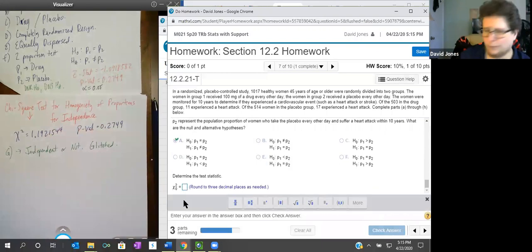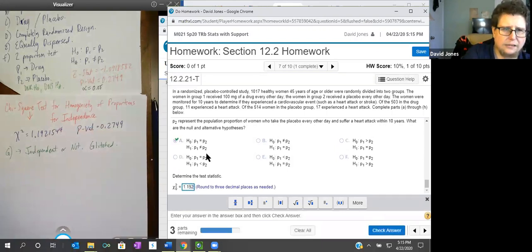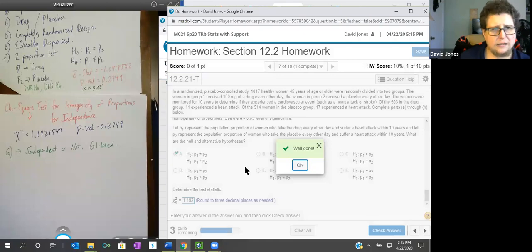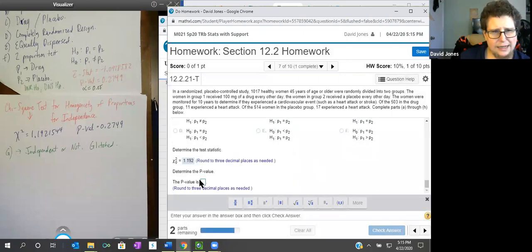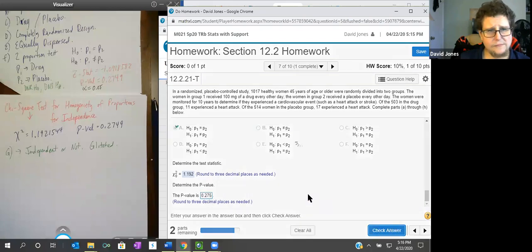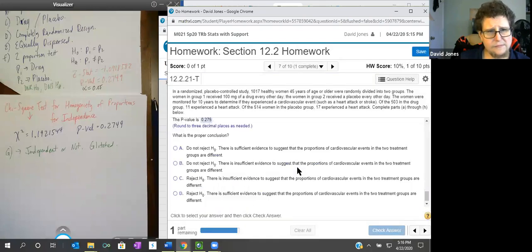To 3 decimal places, what did we get? I have it right over here, 1.192. And my p-value is again 0.275. Again, the p-value is above alpha, so we're not going to reject H0 because there's not enough evidence.